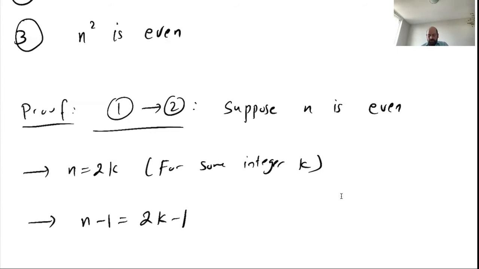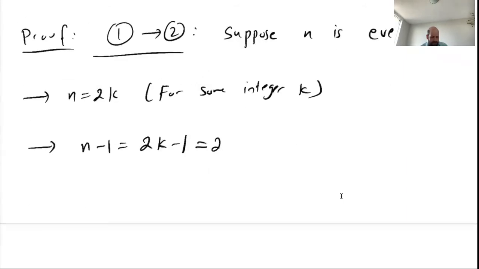Right now I have 2 times an integer minus 1. Can I rewrite this as 2 times an integer plus 1? Well, yes, I can easily do that. I can just write this as 2 times k minus 1 plus 1, because 2 times k minus 1 is 2k minus 2, plus 1 will be 2k minus 1.